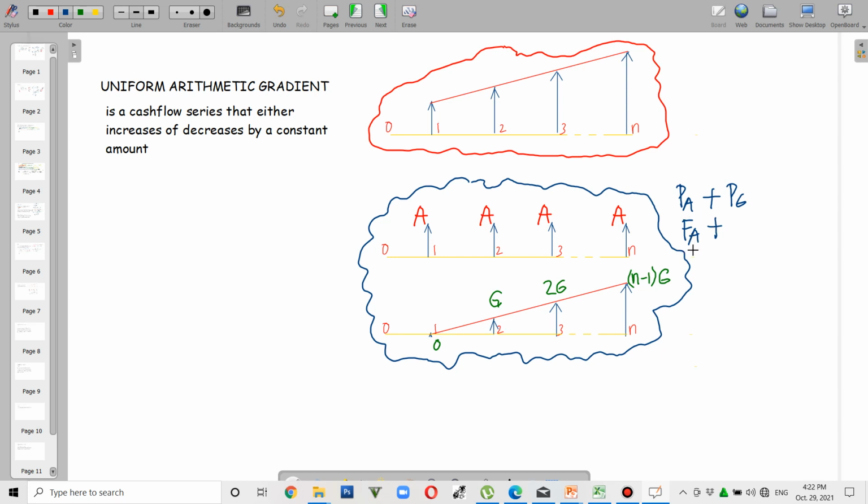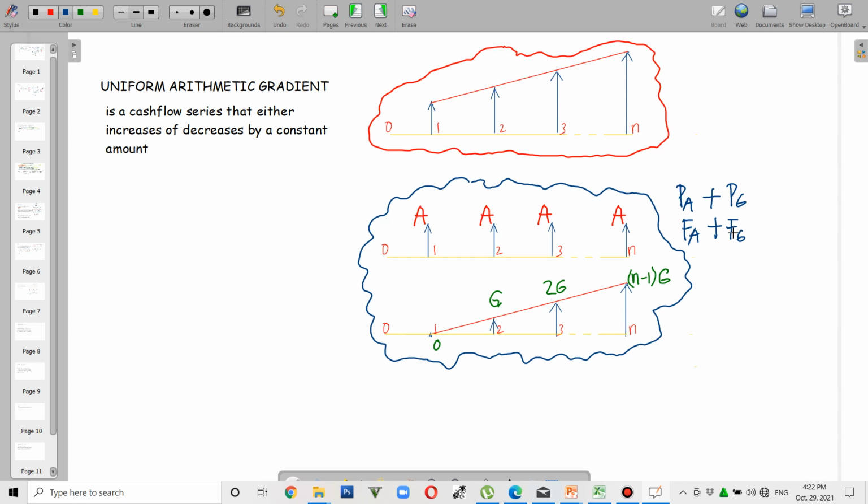Tapos similarly, for the future worth, that would be paired to the future worth of the gradient. So this will be the formula. Alam naman natin yung formula ng present worth of the annuities as well as the future worth of the annuities. Ang may dadagdag lang na formula dito is the future worth of the gradient, or the present worth of the gradient.